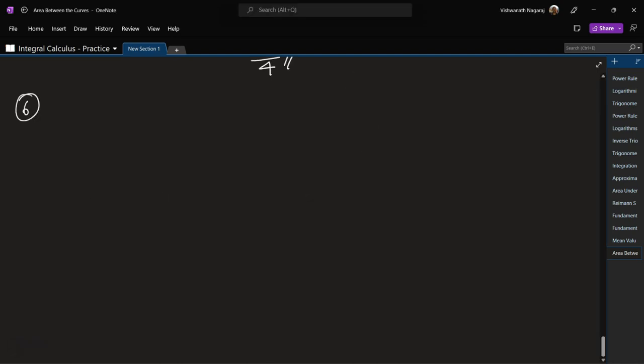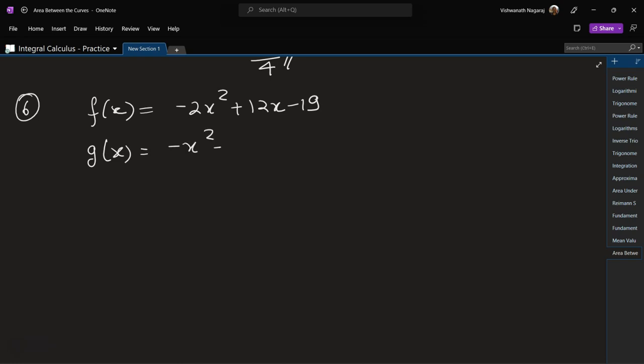Let's look at the sixth one. f of x is equal to minus 2x square plus 12x minus 19. g of x is equal to minus x square plus 6x minus 5 in the interval 2 to 4. Now let's see whether they intersect each other.